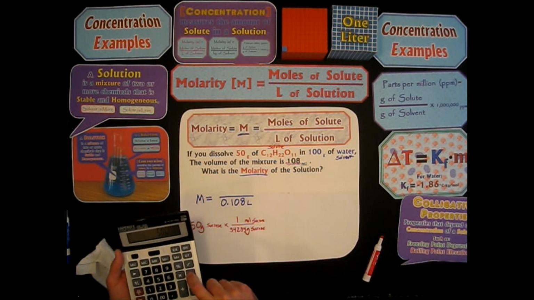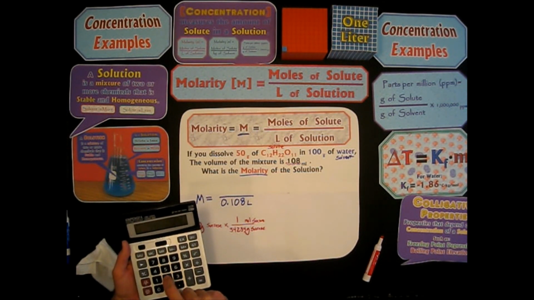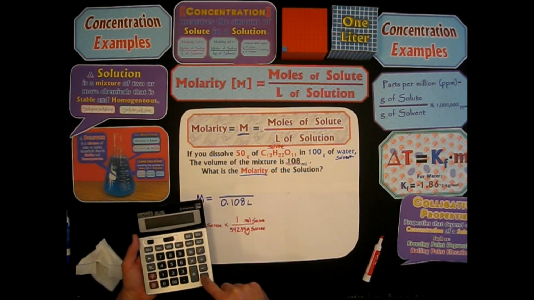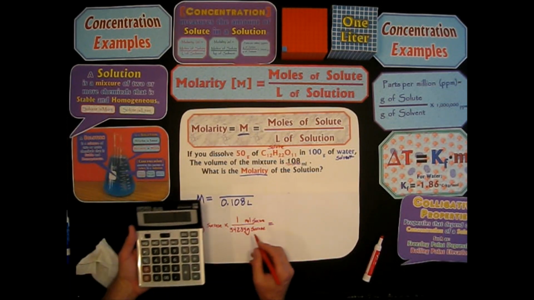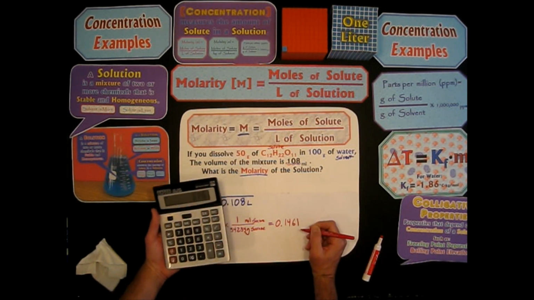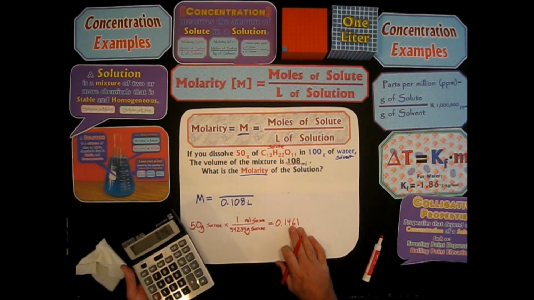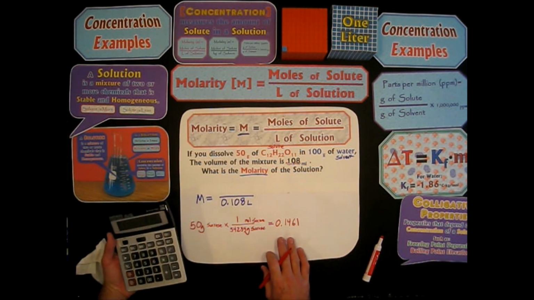And then divide by 342.34, just be careful to type it in correctly, equals, yeah, and of course, that's a little number divided by a big number, so it's going to be very tiny, 0.1461. You know what, I don't think I'm going to round that yet. I'll just round it when I get to my answer.